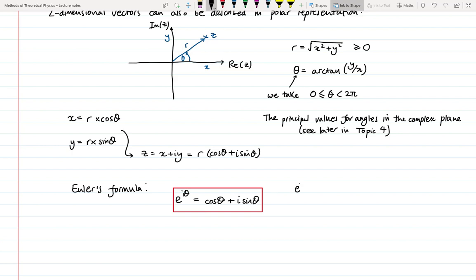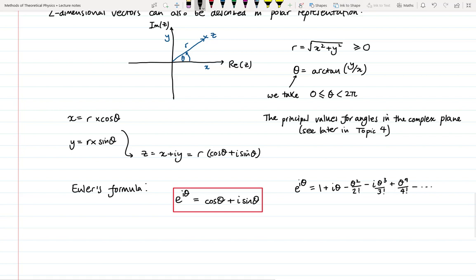We know, and we'll look at this more later, that we can write e to the i theta as 1 plus i theta, and then we get a minus sign because it's i squared, theta squared over 2 factorial, minus i lots of theta cubed over 3 factorial, plus theta to the 4 over 4 factorial, and so on.